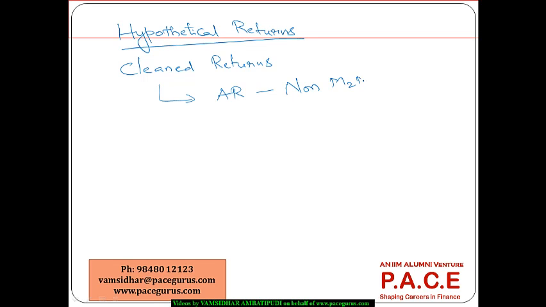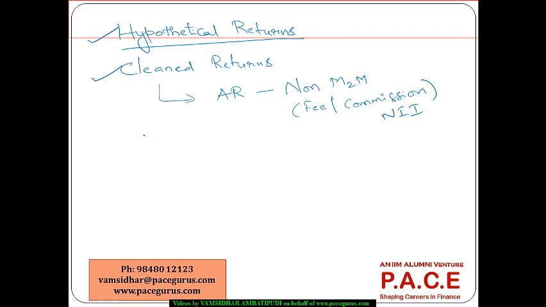Non-mark-to-market items like fees, commissions, which are not marked to market on a regular basis, I delete all of them, or any kind of net interest income, they are excluded, and the return that comes out is the cleaned return. Now what we say is, for comparison purpose, either this or this can very well be used.